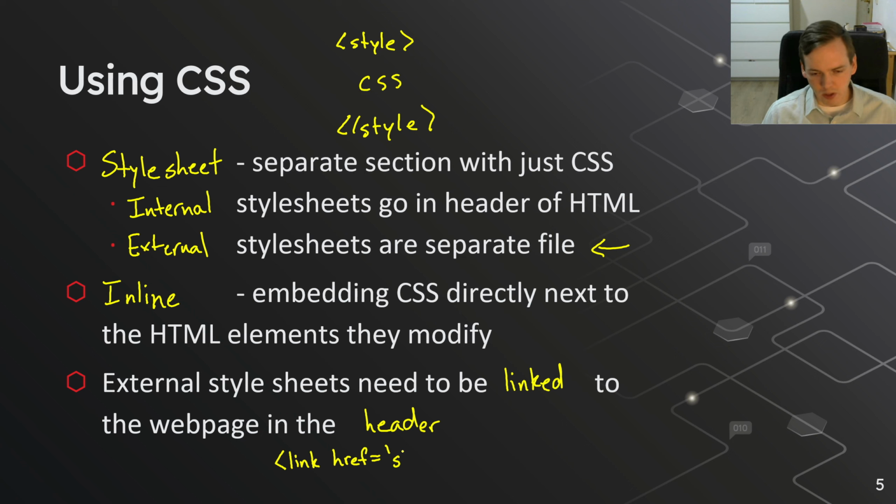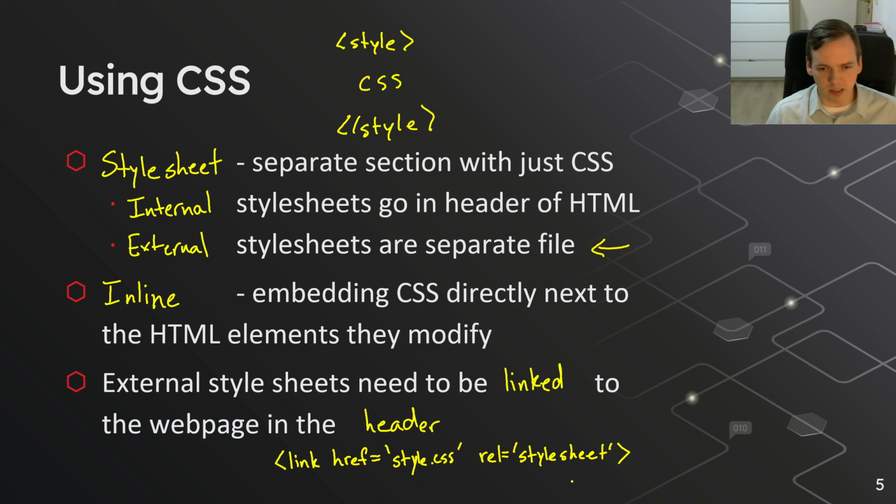Then you'll put whatever the name of your style sheet is, and where that can be found. And then you're going to say this rel for what is it or why are we linking to it, and that you're going to call stylesheet.